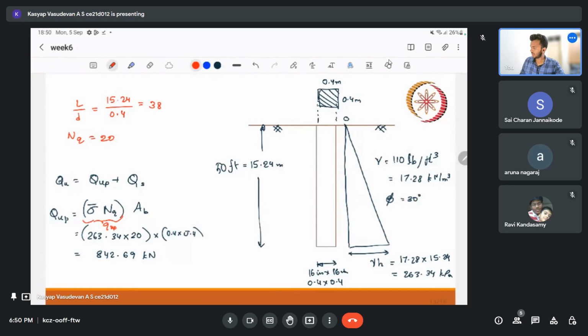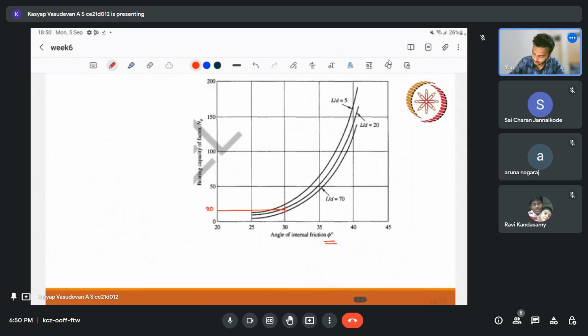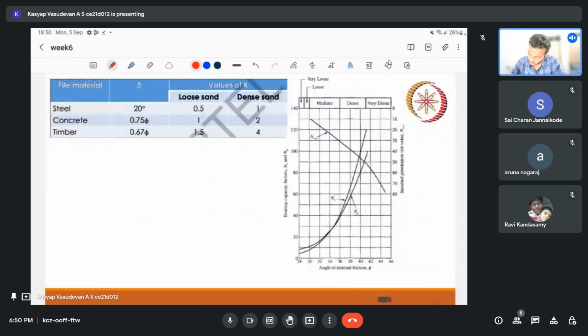Okay, so after that, let us go to the shearing part. So for shearing, our equation was to get QS, we have sigma average into K tan delta, right?